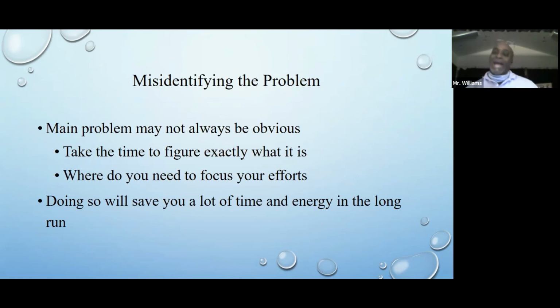If you do that, then it'll save you a lot of time and energy in the long run, because you don't have to go back and make changes to your decision and then try it again over and over again. The better you're able to truly identify the problem, the better you're able to identify what decisions you should make in that instance.